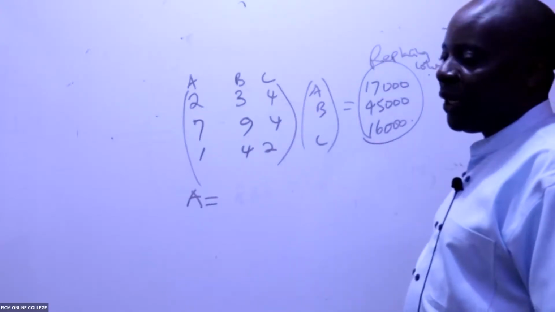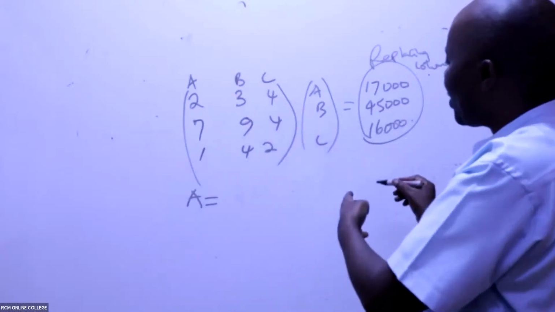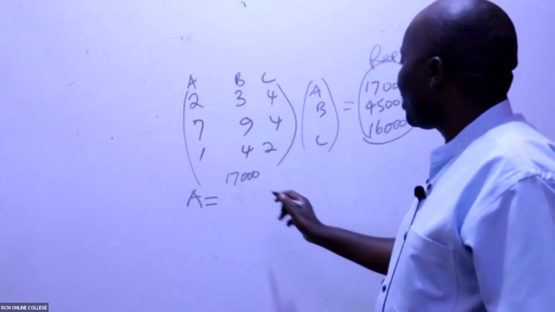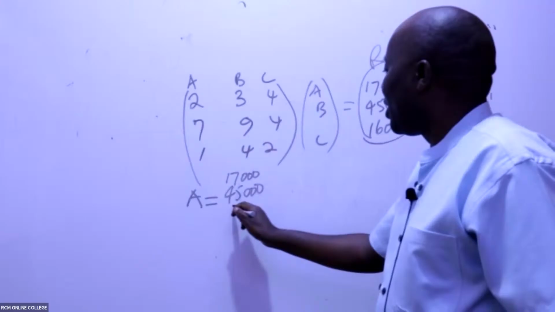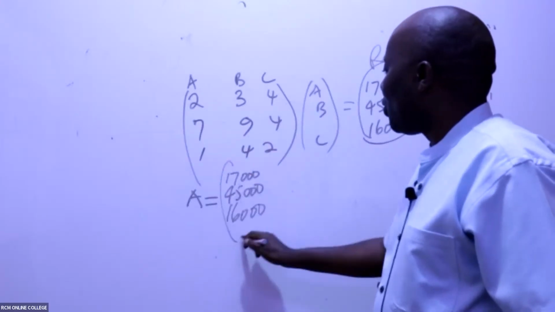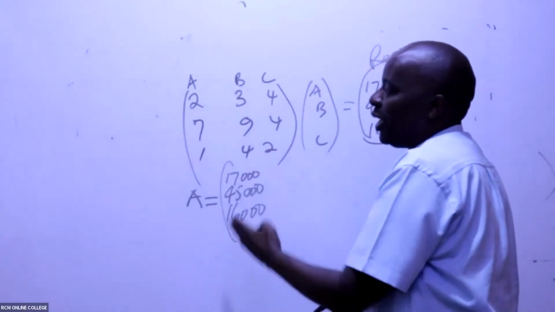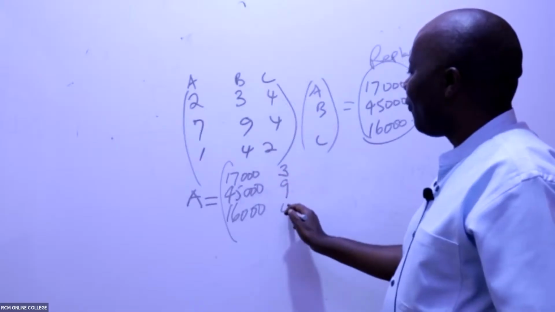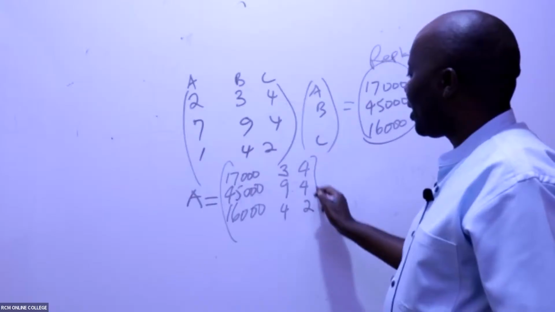So the replacement here will be 17,000, 45,000, 16,000. If it's A, we only attack the column of A. The others remain. So we have here 3, 9, 4. We have here 4, 4, 2, like that.